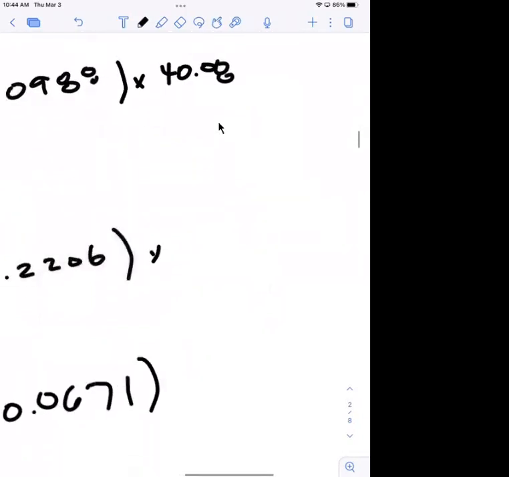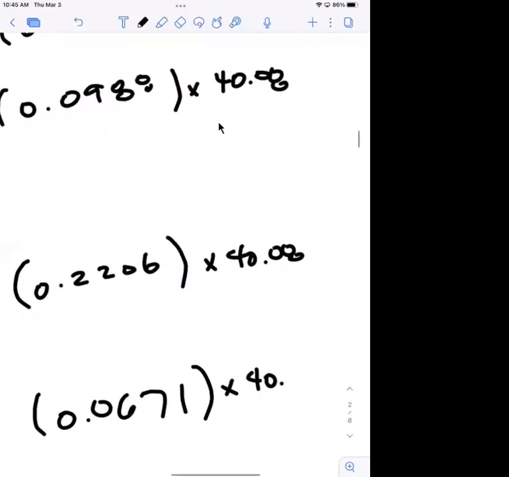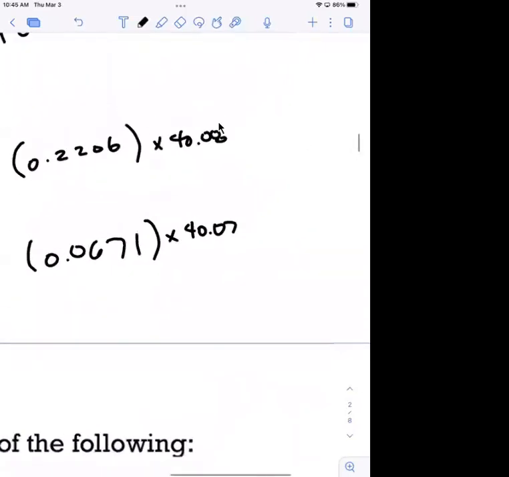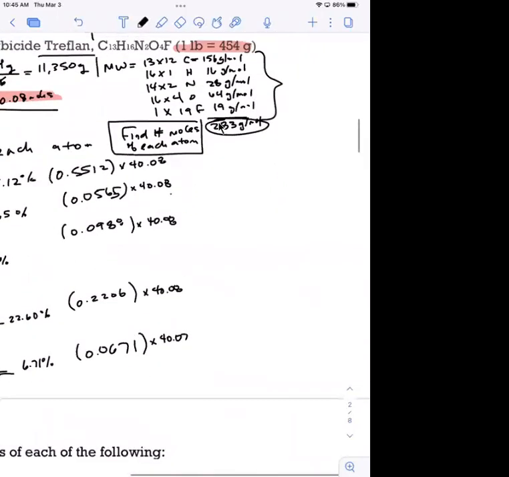Does that make sense? I mean, we could take the long way and find the grams, because we just take the percentage and multiply by the total mass, and then convert grams into moles. But if we know the total number of moles and the percentages, we can figure out how much.